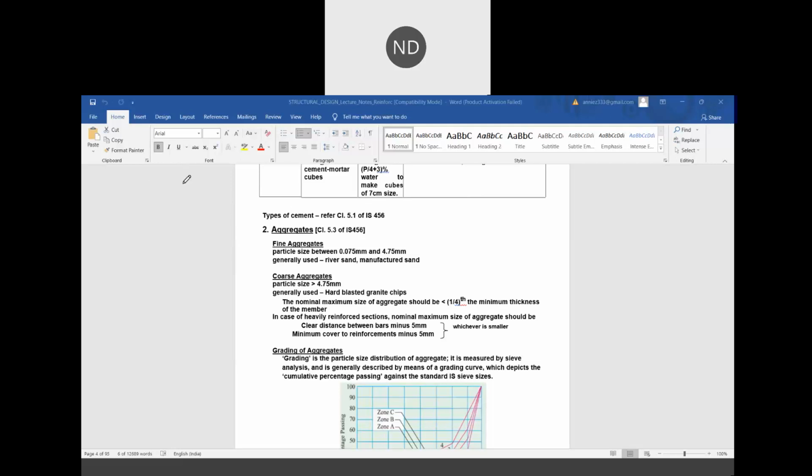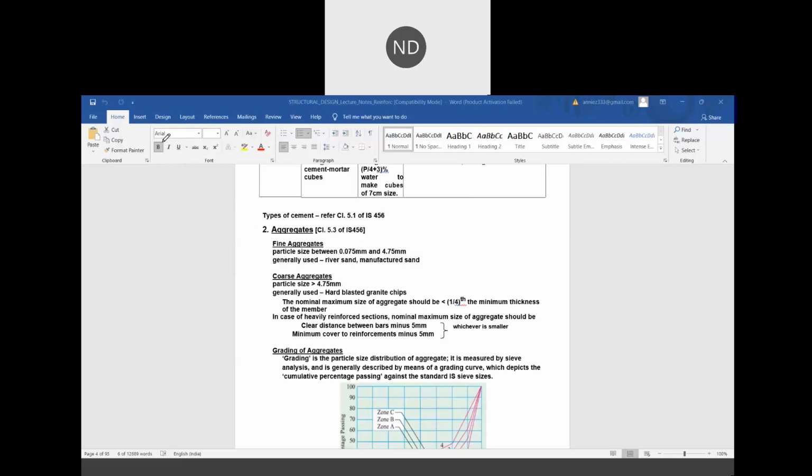So you are taking some aggregates. What happens? One-fourth of the minimum thickness. Suppose the minimum thickness is 20 mm, or 19 or 18, suppose I'm telling.